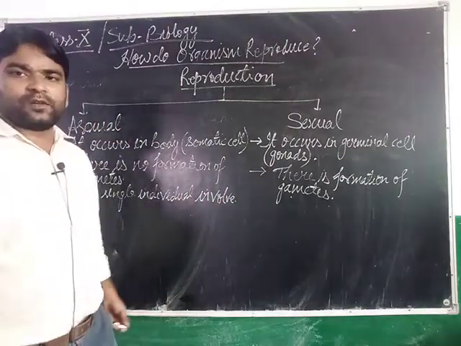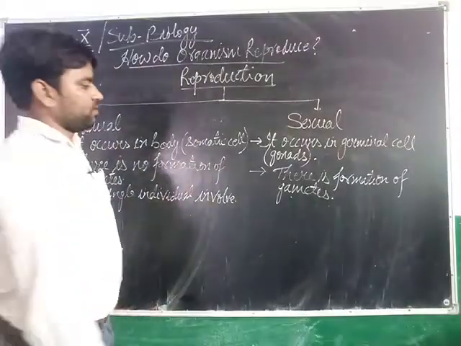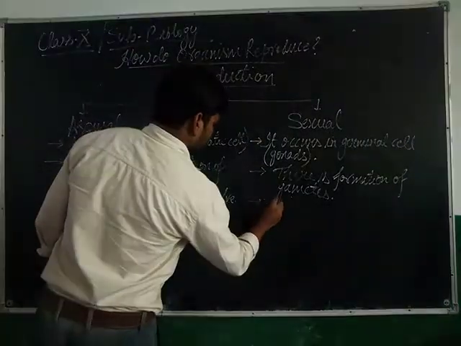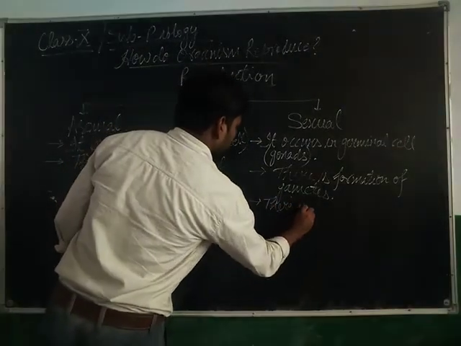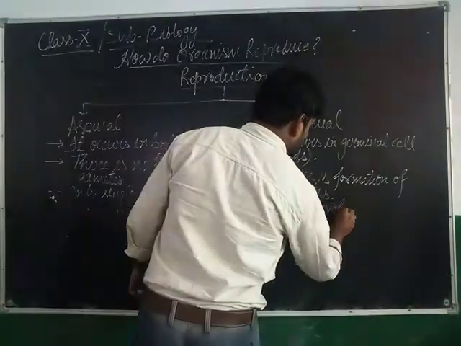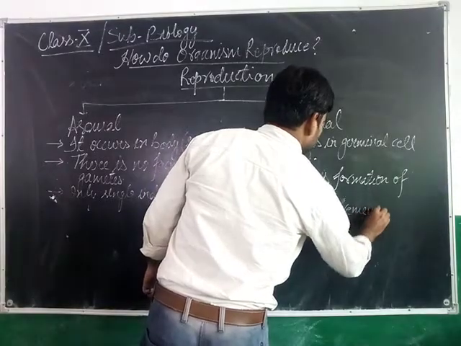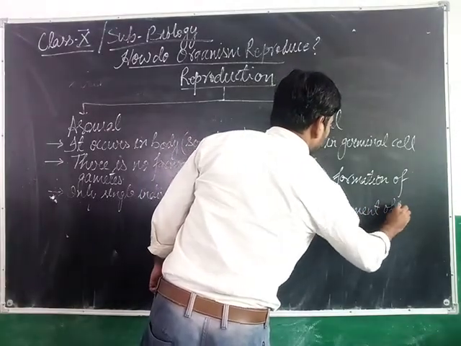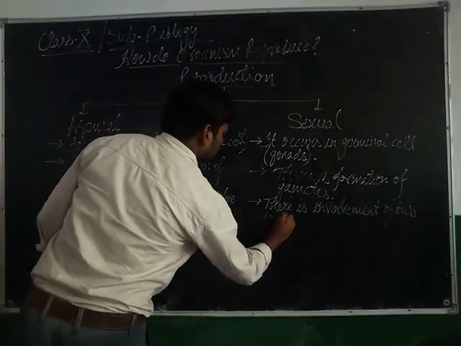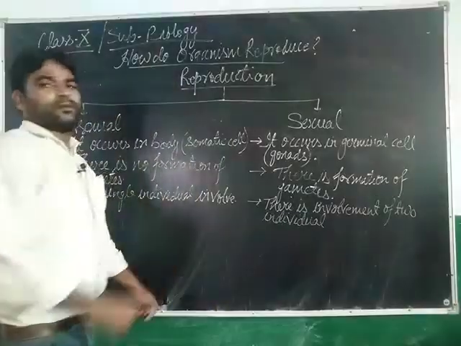Whereas in sexual reproduction, beta, there is involvement of two individuals.